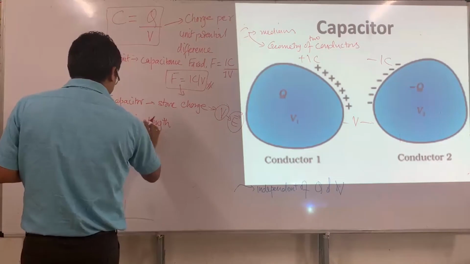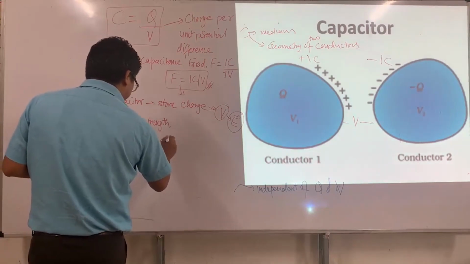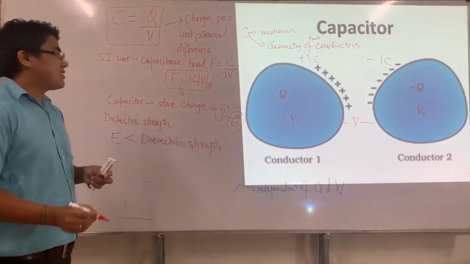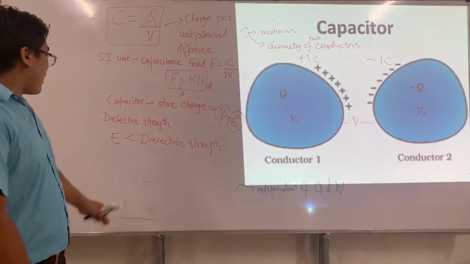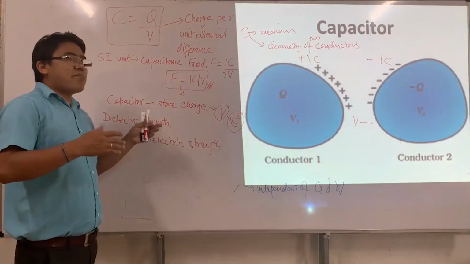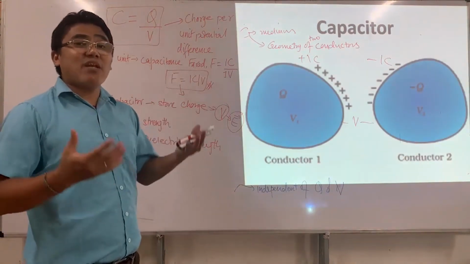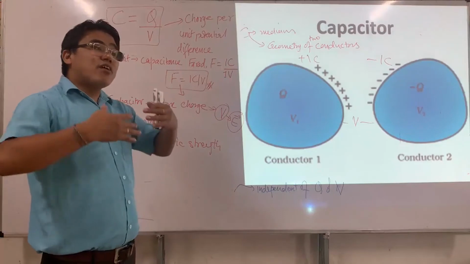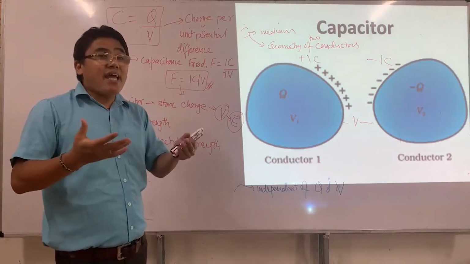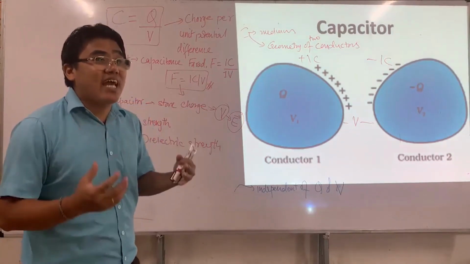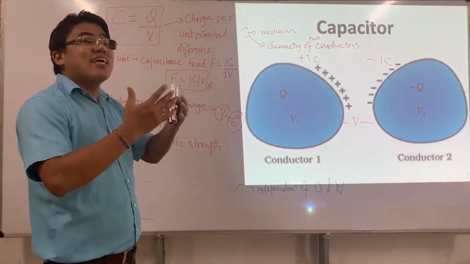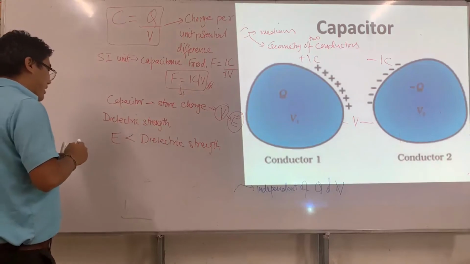Dielectric strength is the maximum electric field that a dielectric can withstand. If you apply an electric field more than the dielectric strength, the dielectric can no longer withstand it, hence it conducts electricity. That's a very important point.